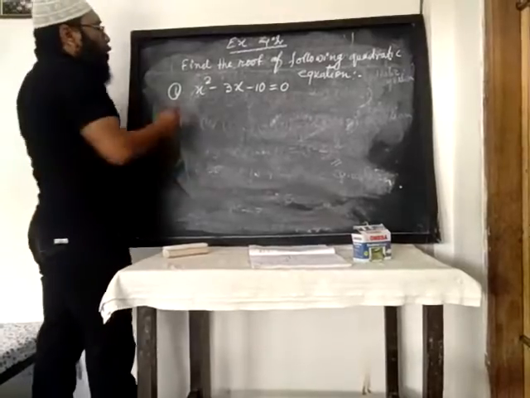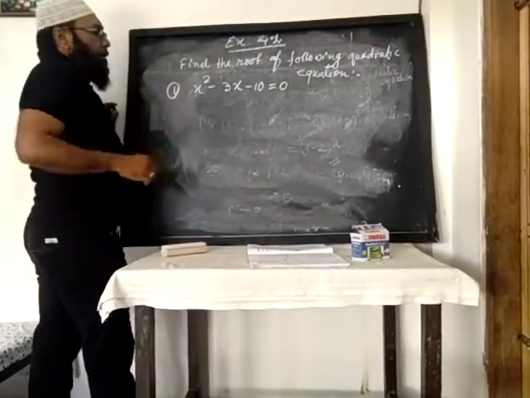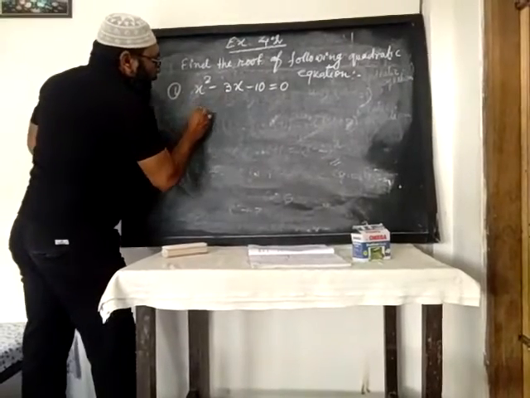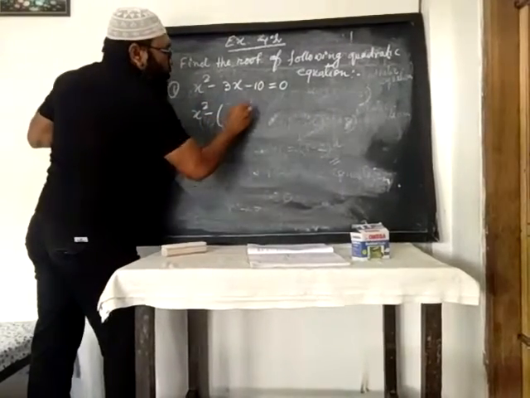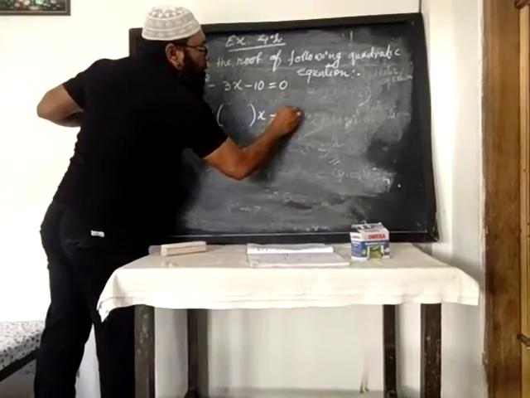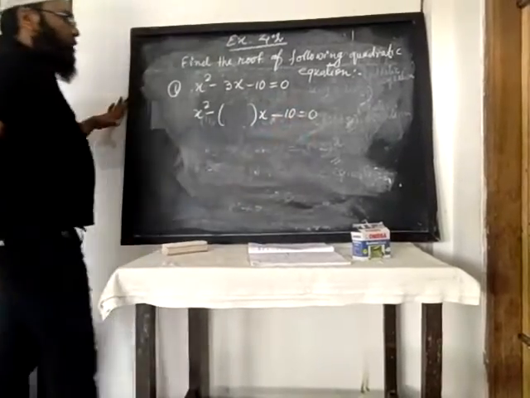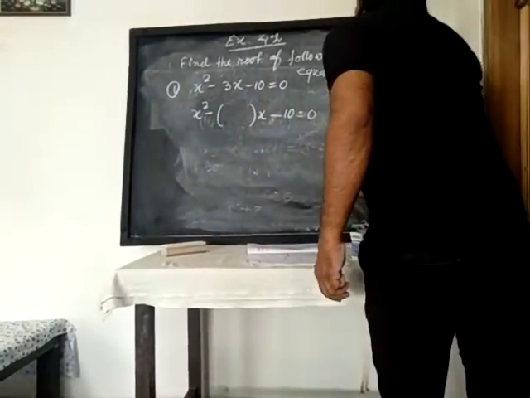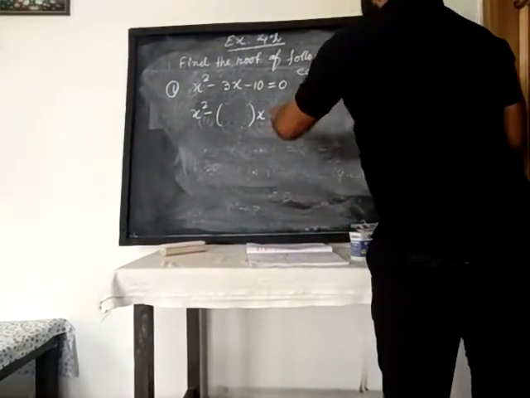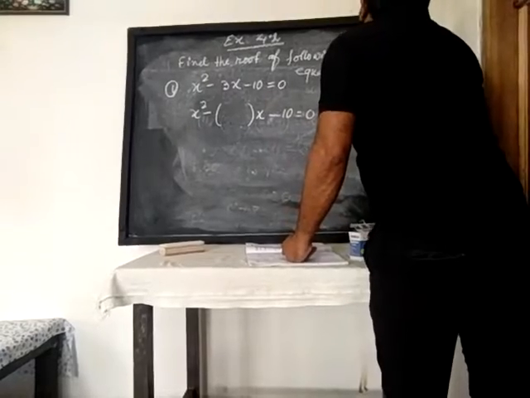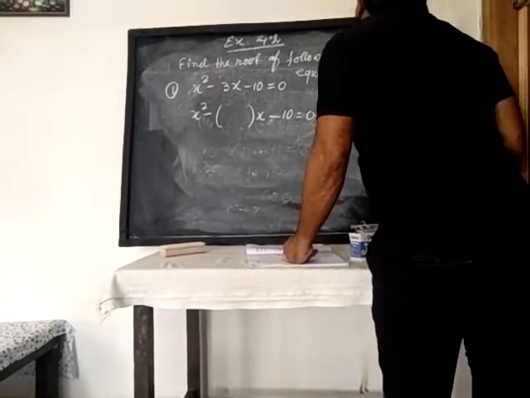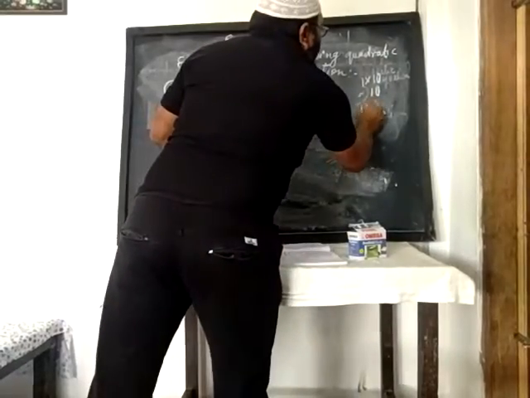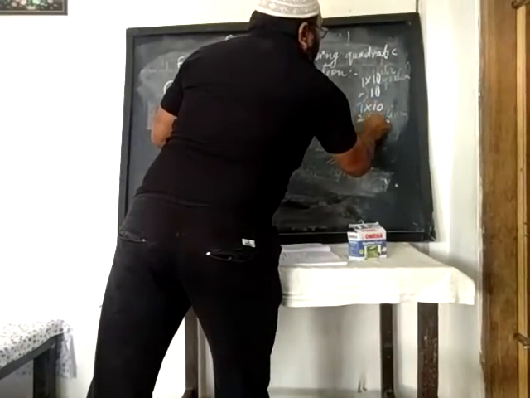The coefficient of x squared is 1 and the constant term is 10. We multiply them and find all the factors of 10, that means 1 into 10 and 2 into 5.